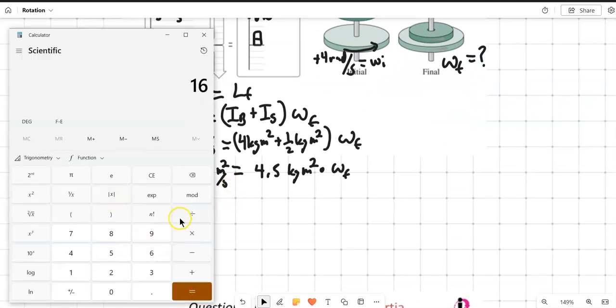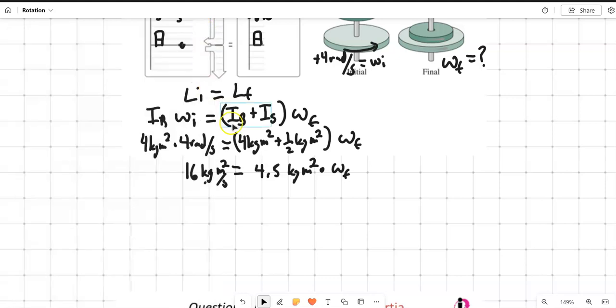So 16 divided by 4.5 equals 3.56. So omega final here is going to be equal to 3.56 radians per second. So it's going to slow down by just over a half.